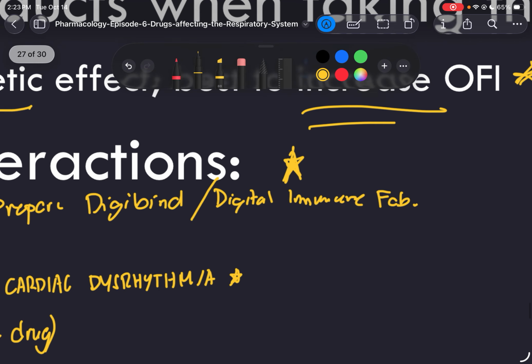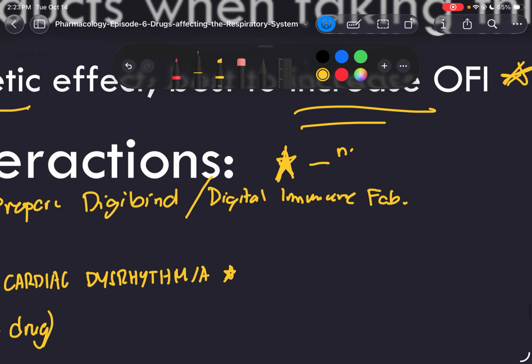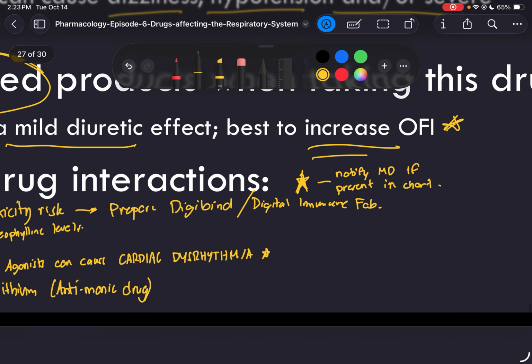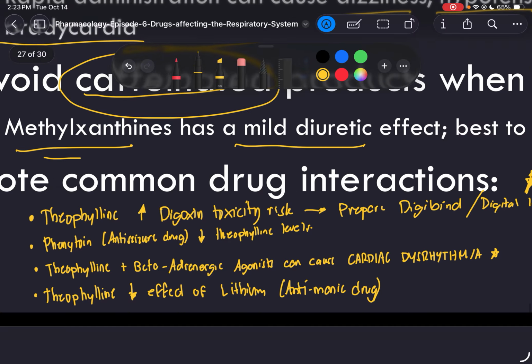Now, what do you need to do for all these drug interactions? Notify the MD if present in the chart. If you check the chart and you see, for example, theophylline and digoxin, or theophylline and a beta-adrenergic agonist, then you tell the doctor, there's theophylline and a beta-adrenergic agonist in the chart.